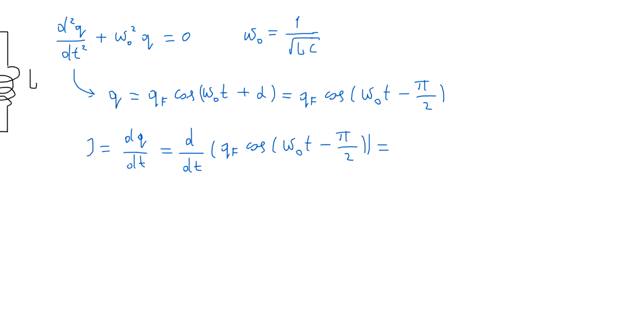So it will be QF multiplied by d divided by dt of cosine of omega 0 t minus pi divided by 2.